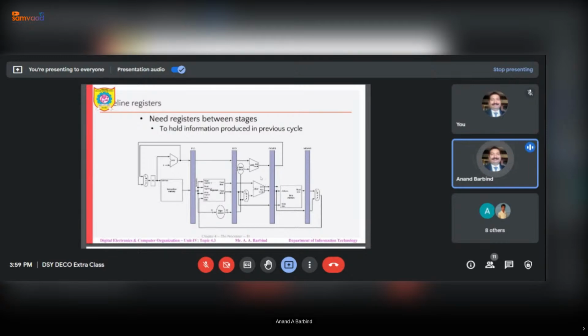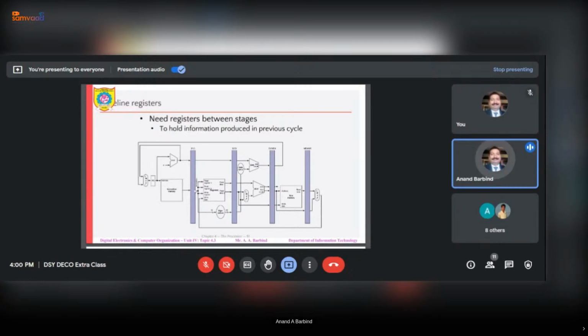Then at the partition between the execution unit and the data memory unit, there is one more pipeline register, that is EX MEM, and between the data memory unit and the write back, there is a partition, the pipeline register MEM WB.